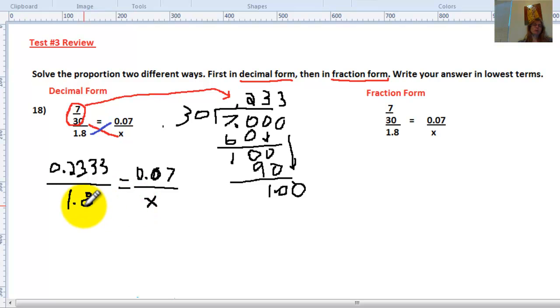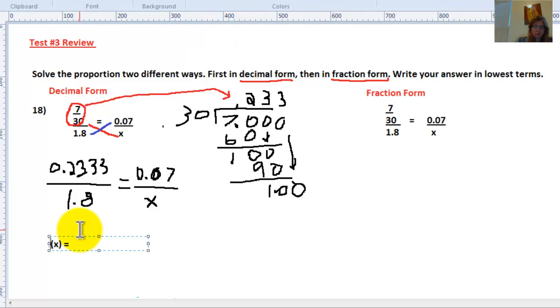0.2333x set equal to 1.8 times 0.07. 0.2333x is equal to 1.8 times, since we're using decimals with dots and x's, let's put these numbers in parentheses so that we can use parentheses to indicate the multiplication.